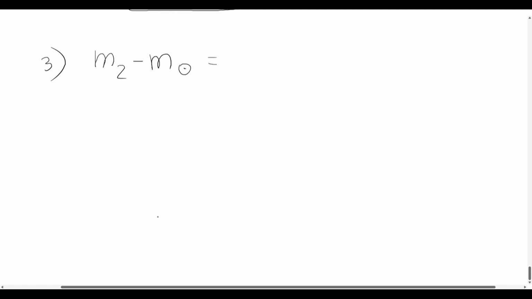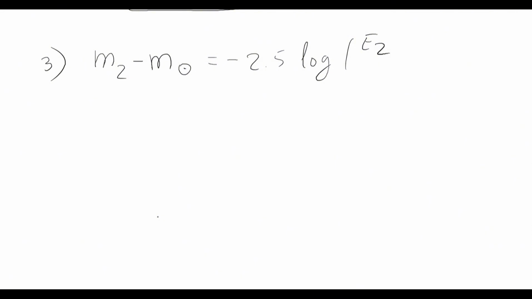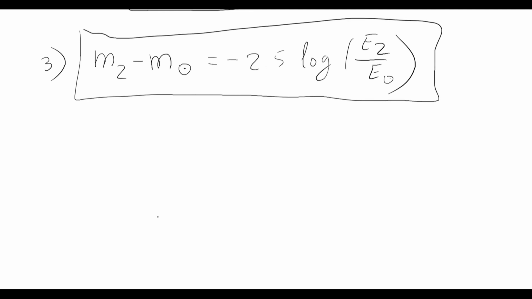So here we can write it this way. M2 minus M sun equals minus 2.5 log of E2 over E of the sun. Well, this is a famous formula.